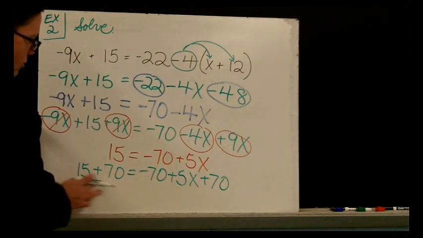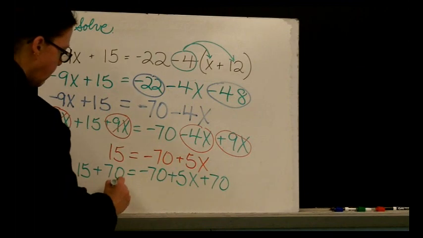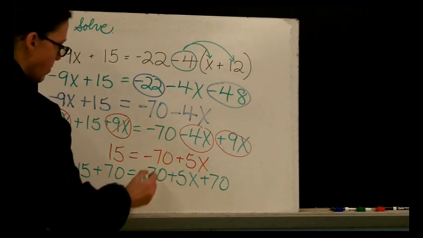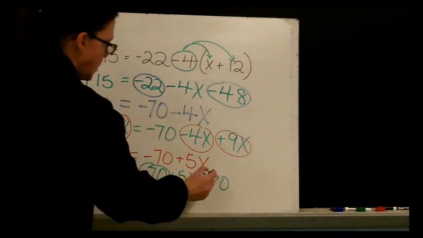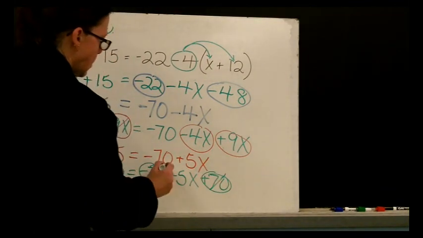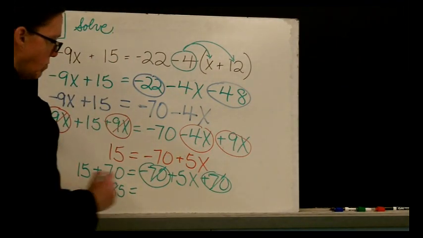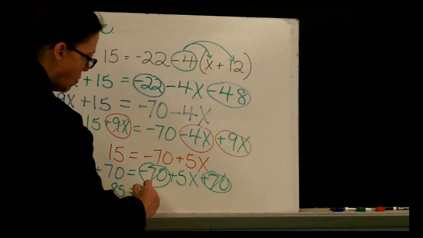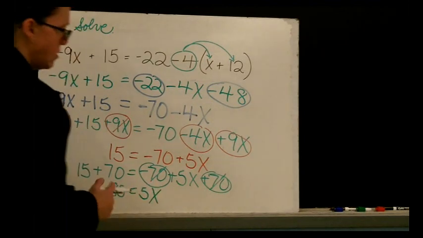When we combine these two constants, we have 85. Now this negative 70 and that positive 70 cancel each other out. We have 85 equals positive 5x.